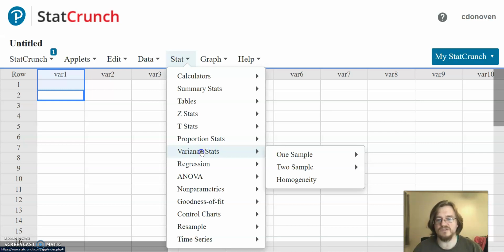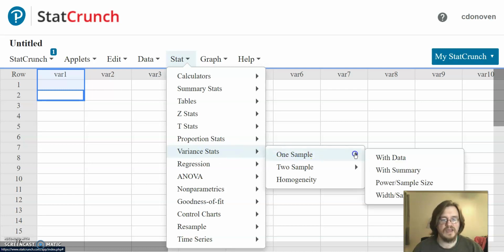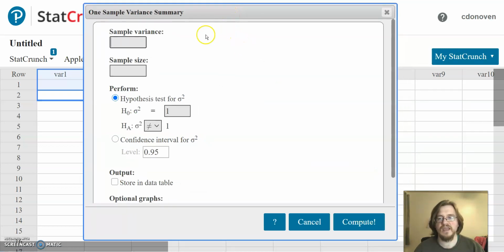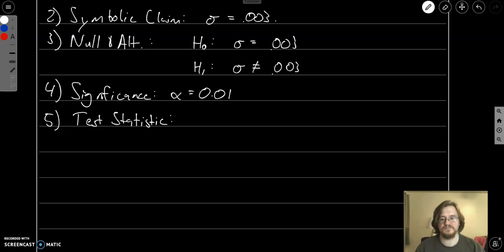They work with the variance, which is just the standard deviation squared. We have one sample, and we don't have the individual data values. We don't have the width of each sprocket that was measured. We just know the summary of that information. So we will do this with summary. And it asks for a couple things. The first thing that it asks for is the sample variance. So we will need to come back and calculate this.